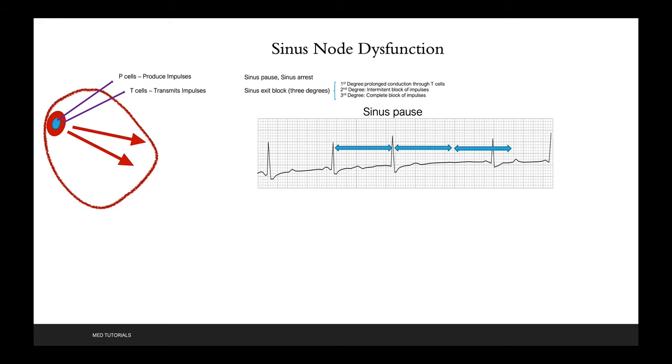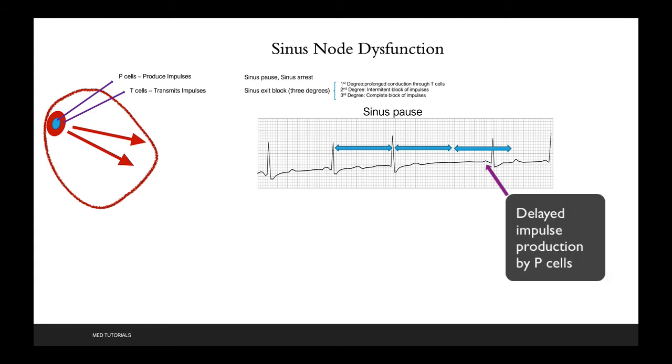And this is what we would classically see in sinus pause, where there's a prolonged RR interval, but it's not exactly double. So what is happening here is the sinus is producing impulses in a dysfunctional manner.